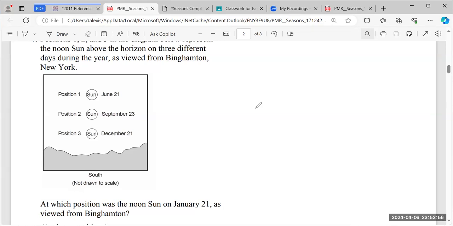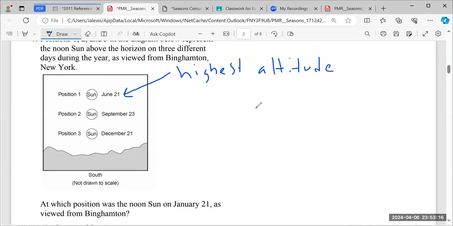So let's start breaking down some of these notes. June 21st, which is the summer solstice, in New York, is where the sun is at the highest altitude. That means the sun will never go higher than position 1.